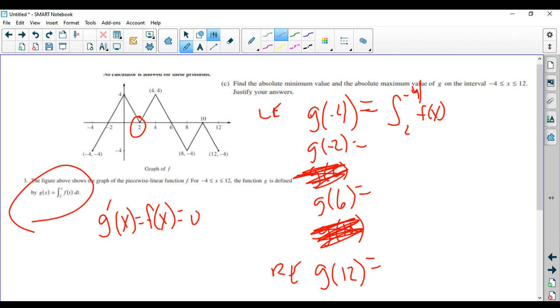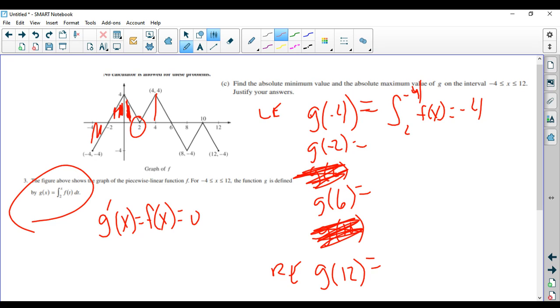Each of these triangles, if you split them up like this, the area is 1/2 times 2 times 4, so that is 4. Going right to left, that's -4 and -4. -8 plus 4 is -4. And then just continue with this.